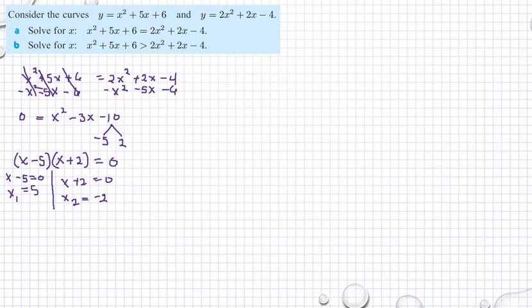We're going to find y also. We're going to find the coordinates, not just solve for x.